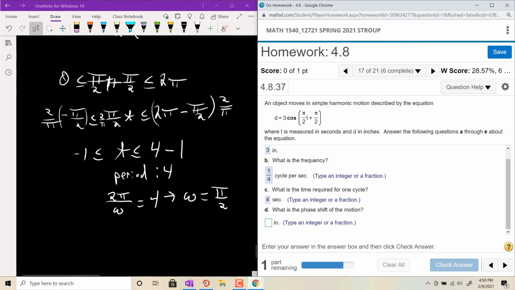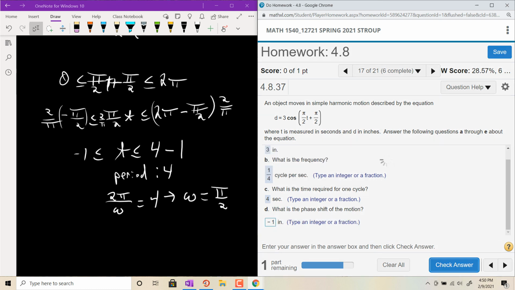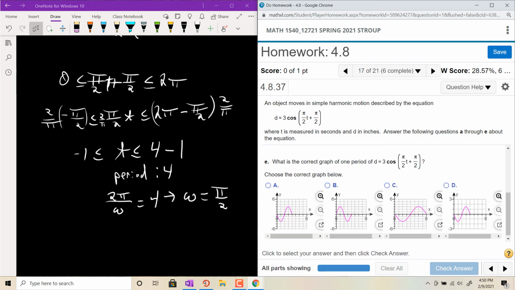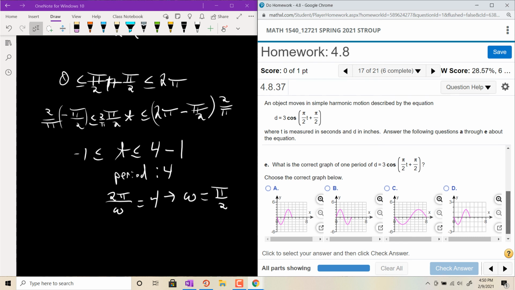And then the phase shift is just -1. Oh, geez, this question just keeps on giving, huh? So what does it look like, basically? It's a cosine form.